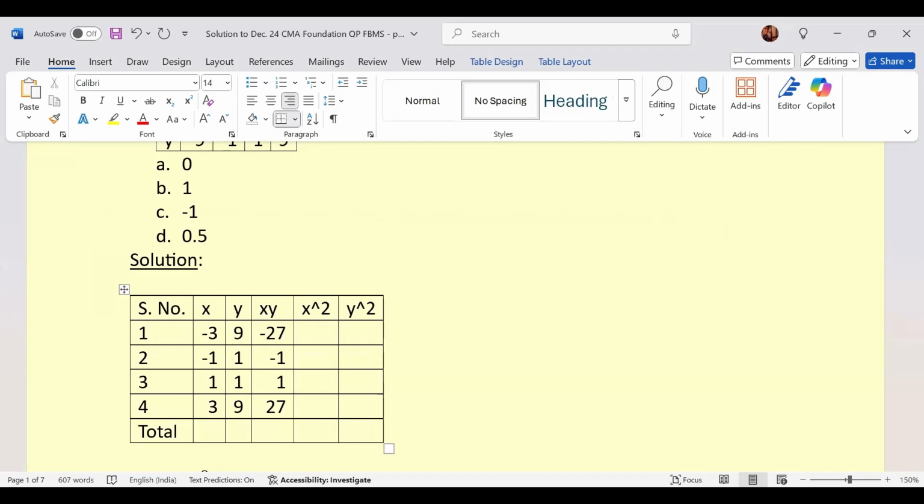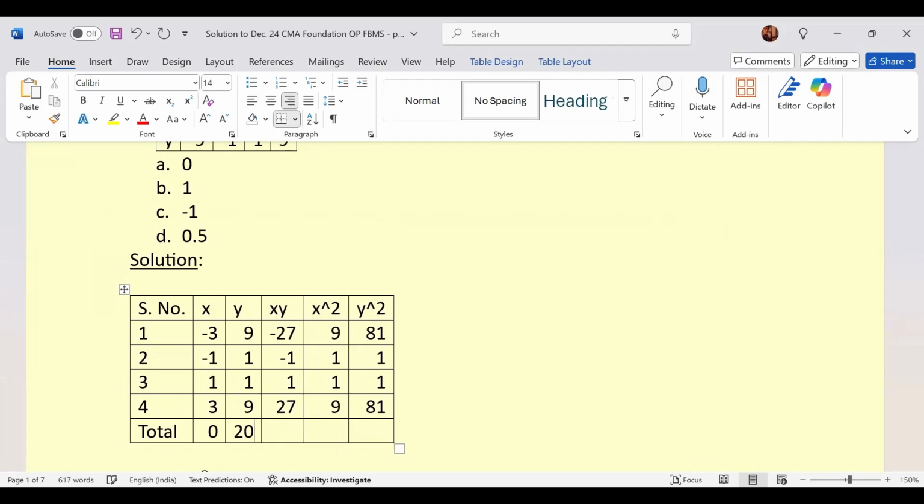Here x square: -3 square is 9, this is 1, this is 1, this is 9. Y square is 81, 1, 1, and 81. So the totals: here it is 0, here it is 20. Here if we add, this is 0, this is 20, and this is 164.